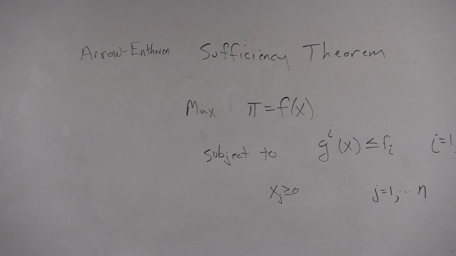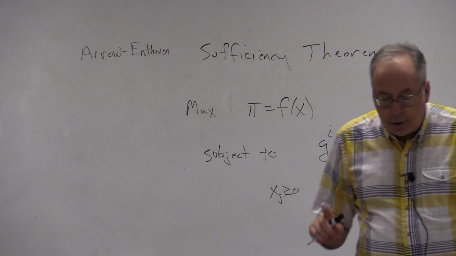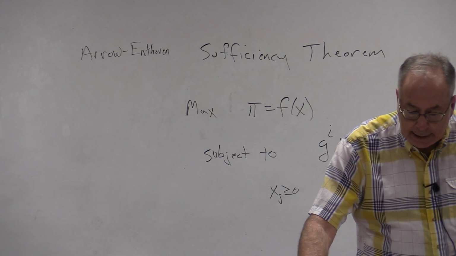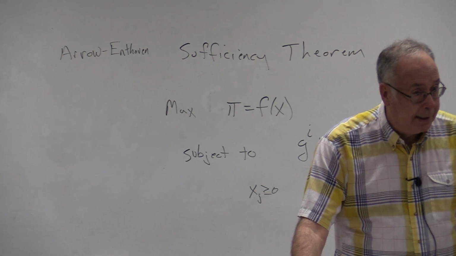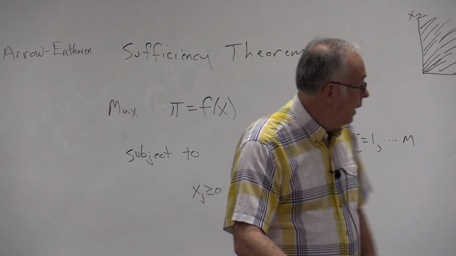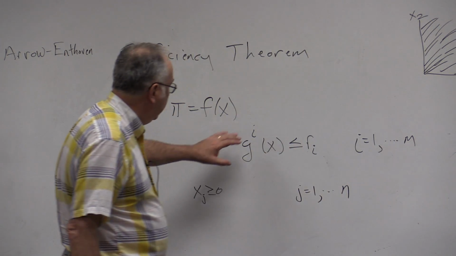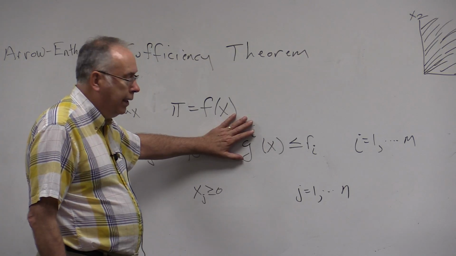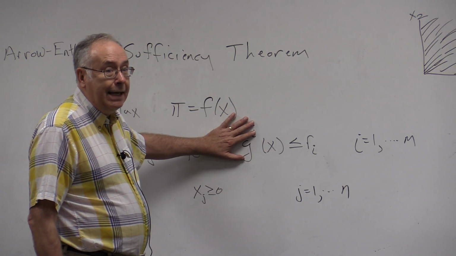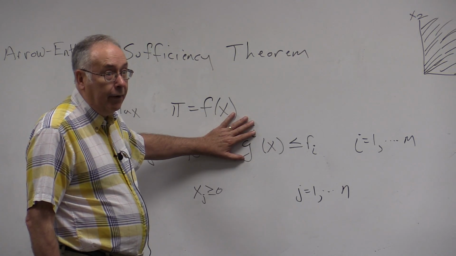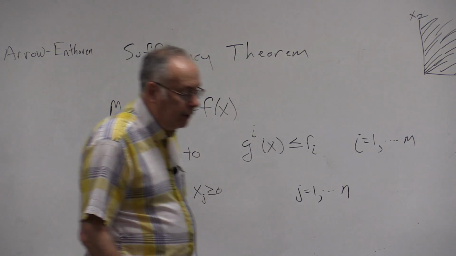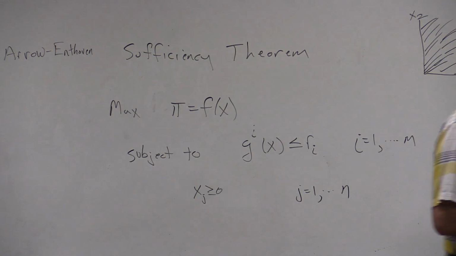So it assumes that your objective function in the non-negative orthant is quasi-concave. It assumes that each of these constraints is quasi-convex. Rather than convex, it assumes that they're quasi-convex, which is a weaker condition than convexity. Okay, so those are the major two changes.